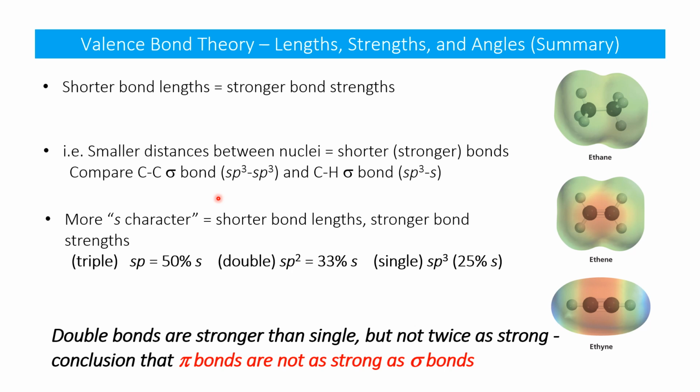And so sp3-sp3 overlap is not as efficient as the sp overlap. The more s character, the shorter the bond. So the triple bond, which has 50% s, is much shorter than that of the sp3 overlap.